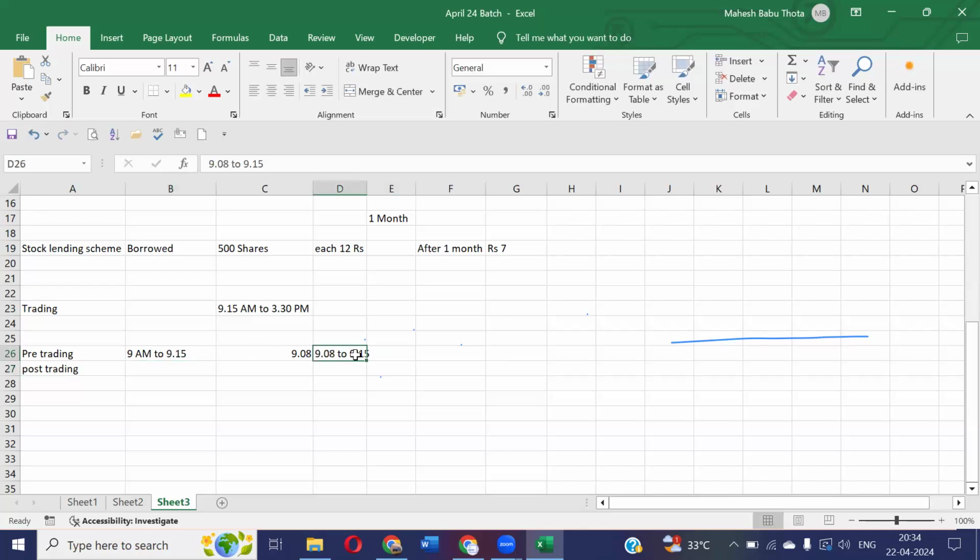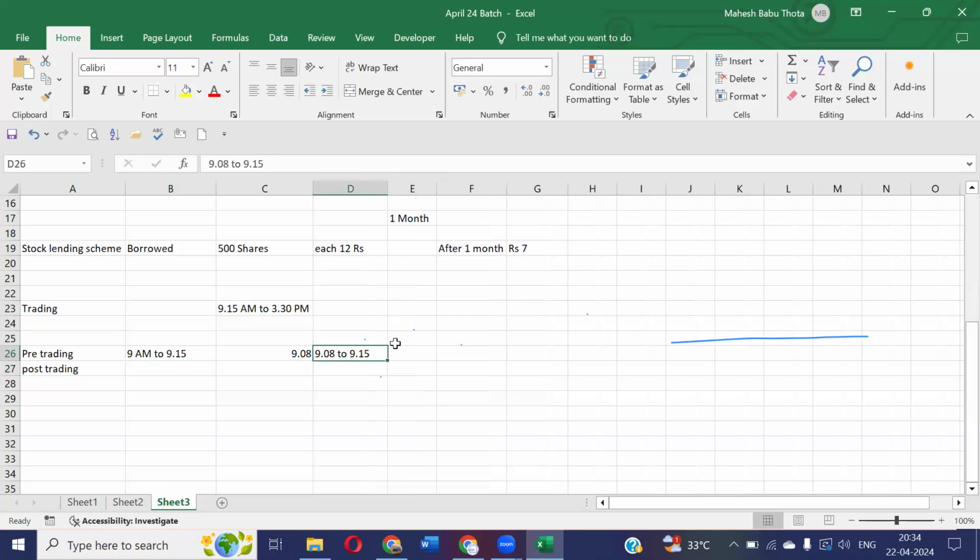From 9 to 9:08, order entry will be done: we can place, modify and cancel the order. From 9:08 to 9:15, the matching session starts, where buyer side and seller side orders are matched. If everything is correct, then at 9:15 we have the regular trading session.